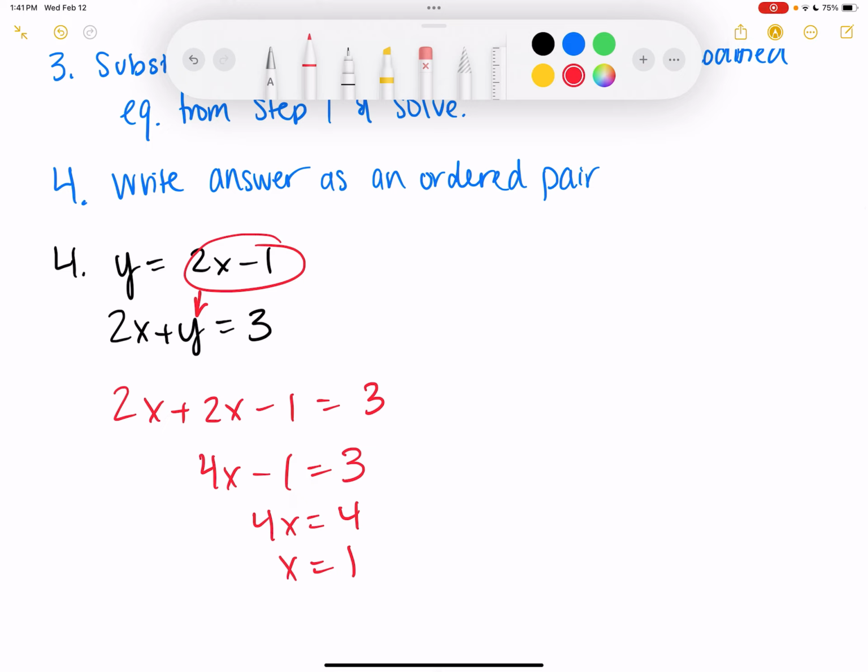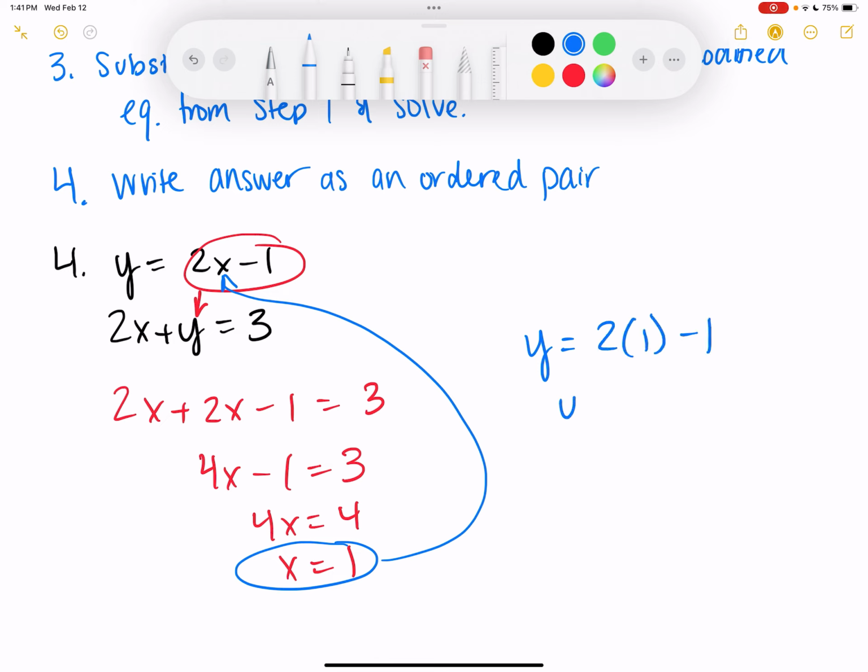Now I take this number and plug it in for x up here in the original one. So y equals 2 times 1 minus 1, which equals 1. So my answer as an ordered pair is (1, 1).